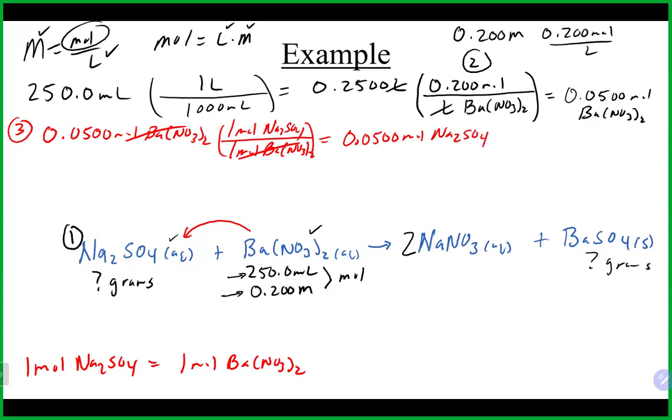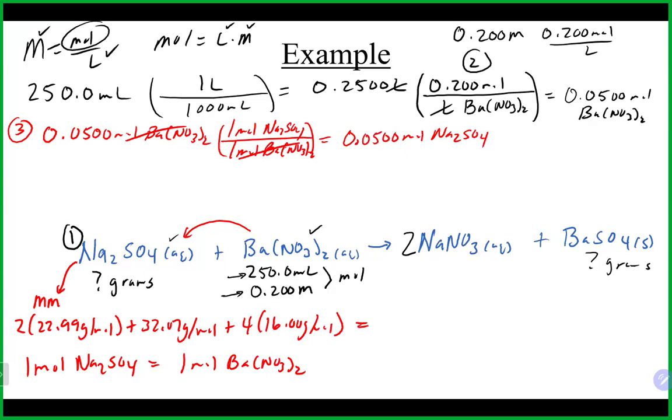We do want to know how many grams. Now that I have the moles, I can use the molar mass from the periodic table to figure out how many grams. To do that, I will need the molar mass of this, right? So that is going to be 2 times 22.99 for our sodium, plus 32.07 for our sulfur, plus 4 times 16 for our oxygen.